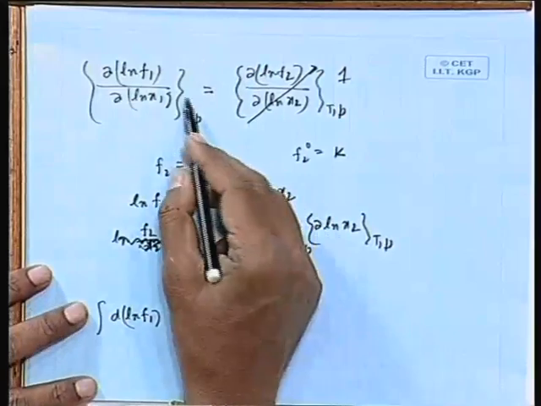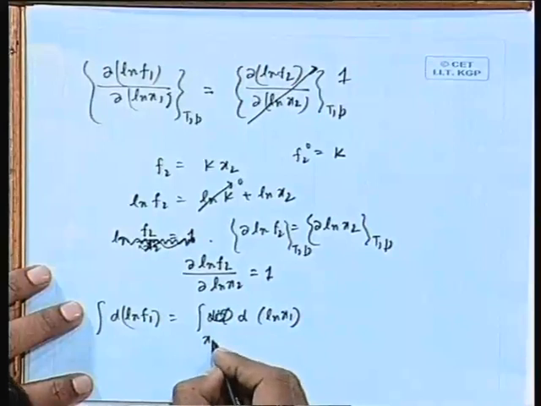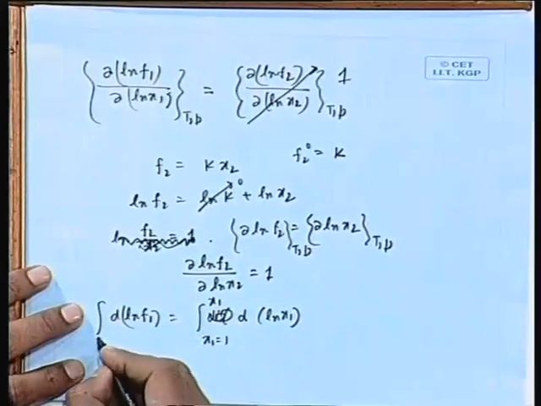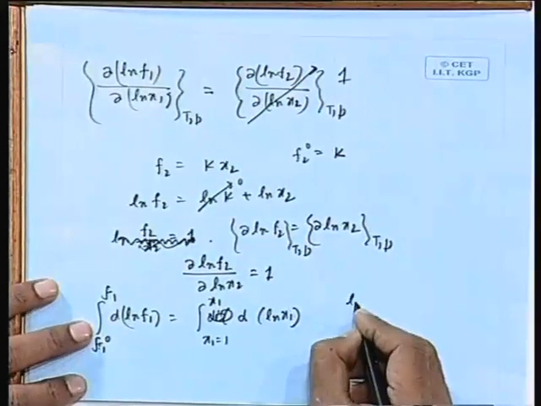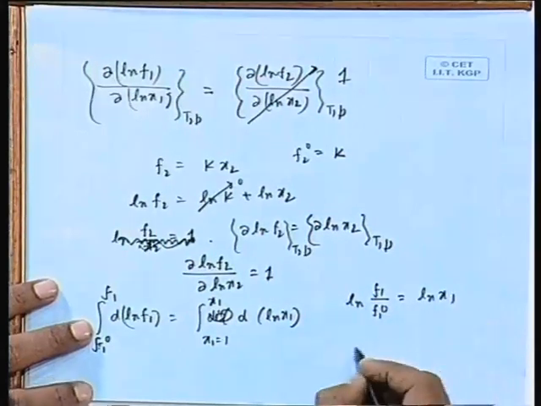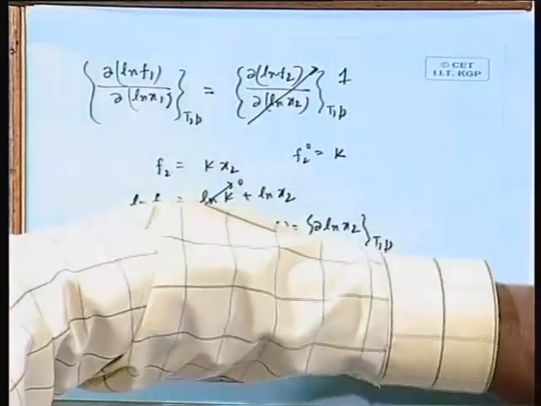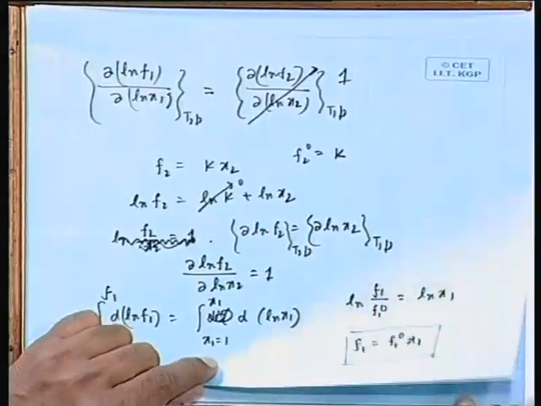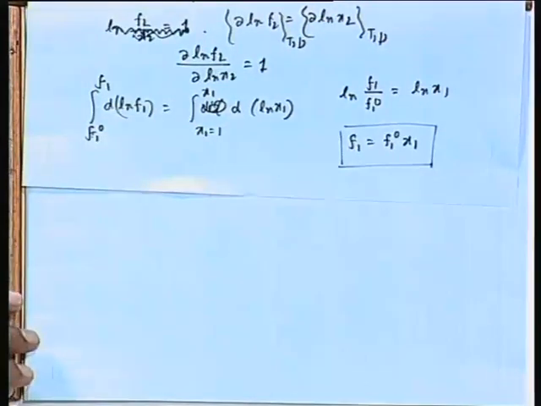I integrate this from X1 is 1, which means the pure state F1 0, to X1 and F1, which tells that ln F1 by F1 0 is ln X1, which means F1 is F1 0 into X1. And therefore, we see that for the solvent also we have the same type of equation which is valid for the solute.